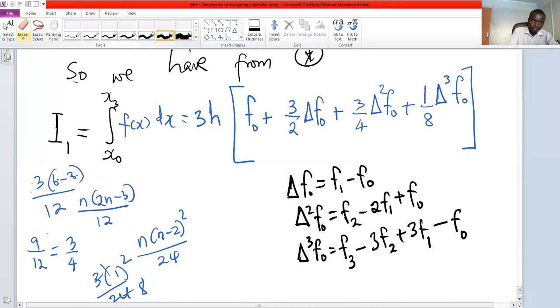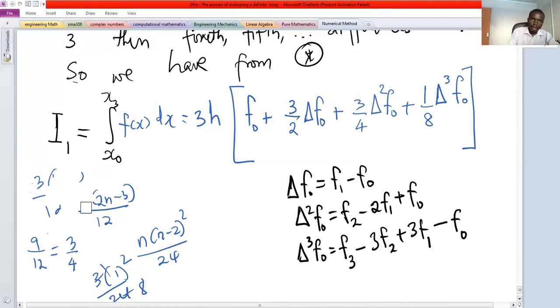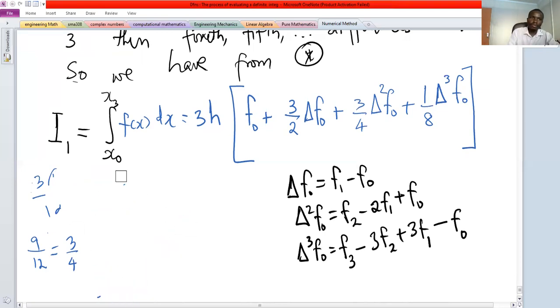So let's now simplify this value for I1.